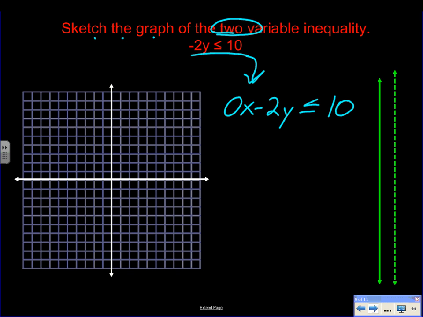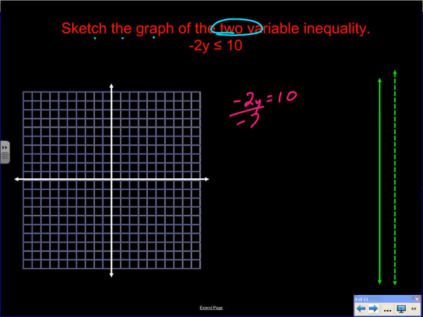And we know 0 times x is 0. So that's the reason why we just have negative 2y is less than or equal to 10. Let's graph negative 2y is equal to 10. Well, you have to get y by itself. y is equal to -5.